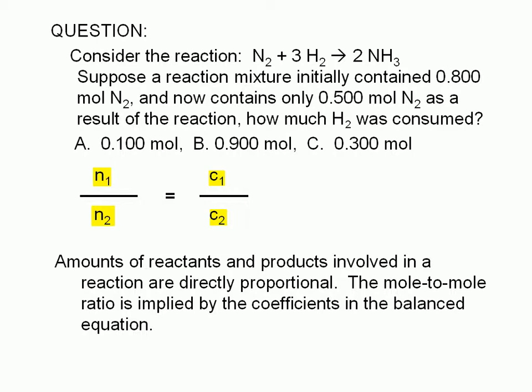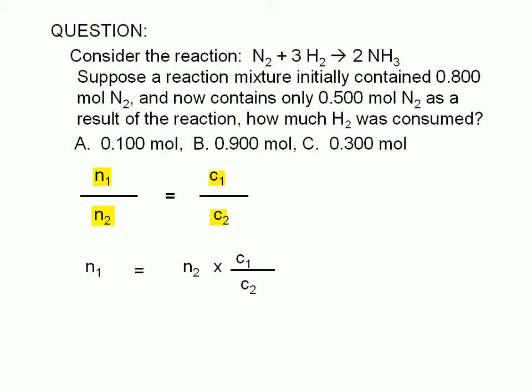We can rearrange this equation to solve for moles of substance 1, and we get N1 equals N2 times C1 over C2. Let's see how we can apply this equation to the question we're working on.